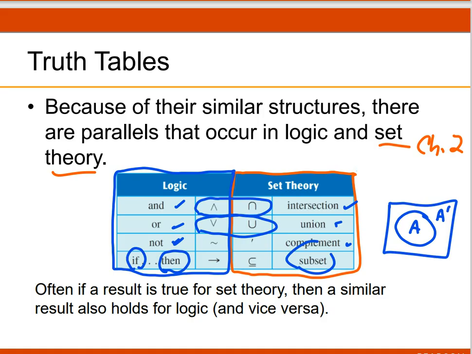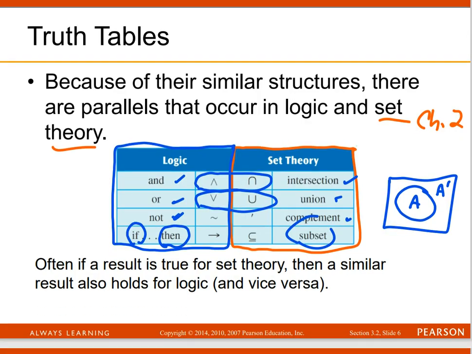So anyway, often if a result is true for set theory, then a similar result also holds for logic and vice versa. But you probably have already blocked all the set theory stuff from your brain because you're like, I'm done with that chapter. Let's move on, April. So we're into truth tables now.